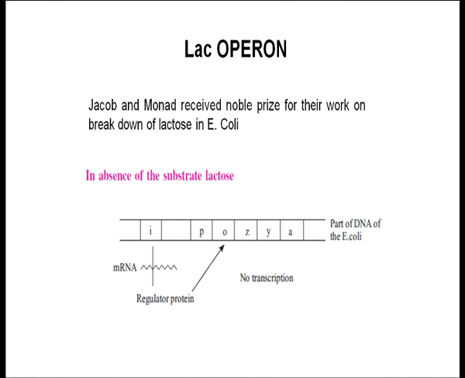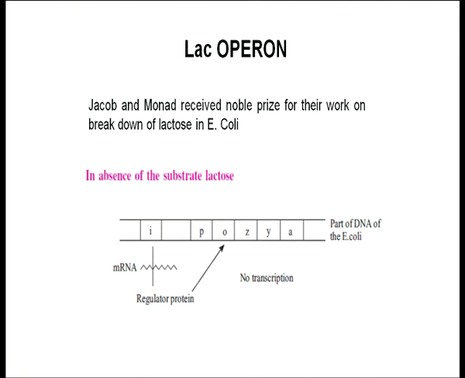In the absence of a substrate, what happens? On the DNA, there are genes. I represents the regulator gene, which will synthesize a regulator protein. P is a promoter gene, O is an operator, and Z, Y, A are the structural genes.